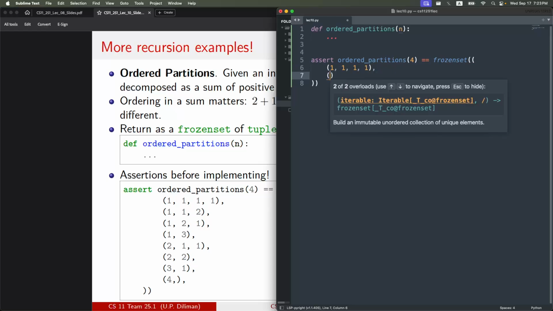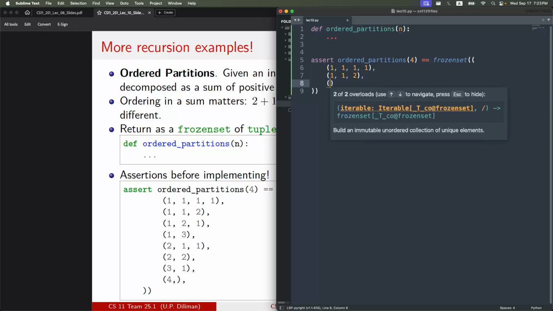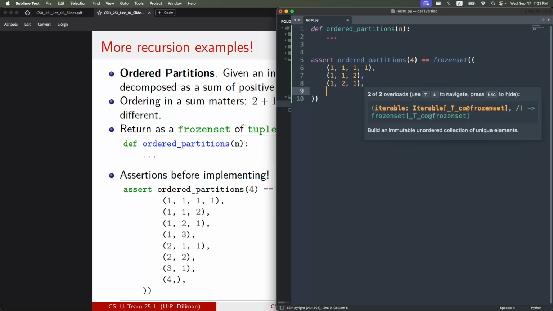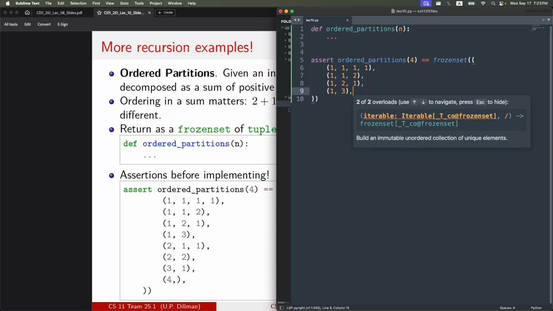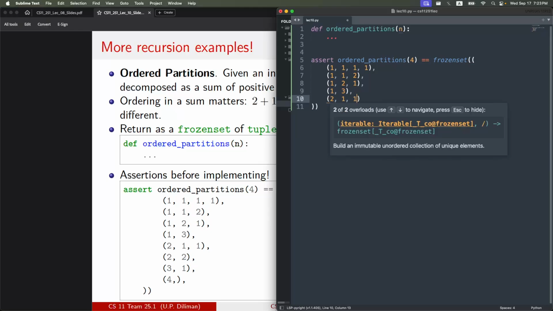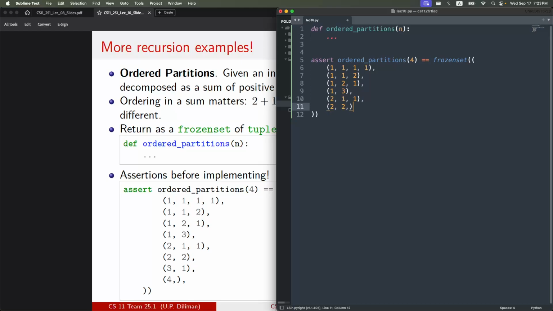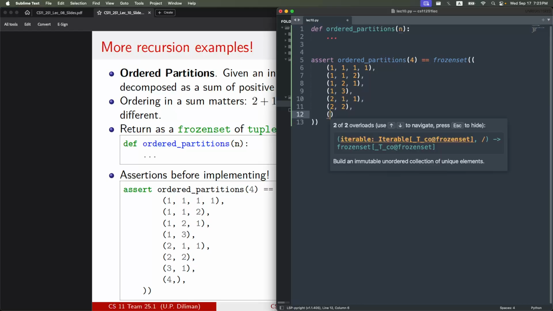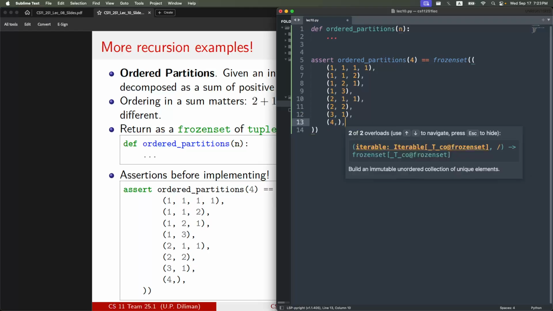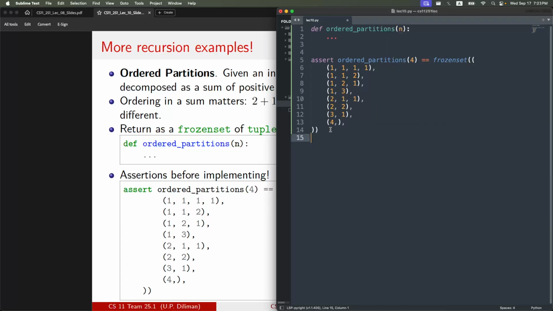So we put the frozen set there so that we can generate all the partitions in any order. But this is one way to order them. So we start with all ones and then twos, 1, 2, 1, 1, 3. You can see that all of these sum up to 4. And finally this one. Okay. So we have an assertion ready to test if our code is correct.